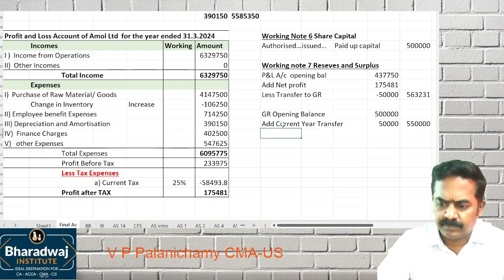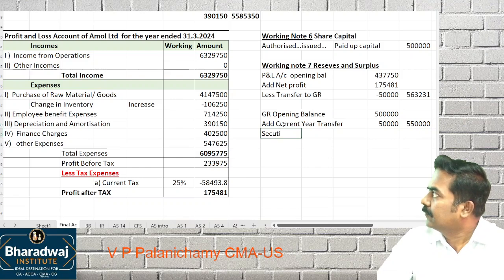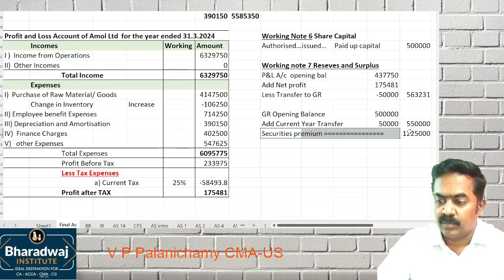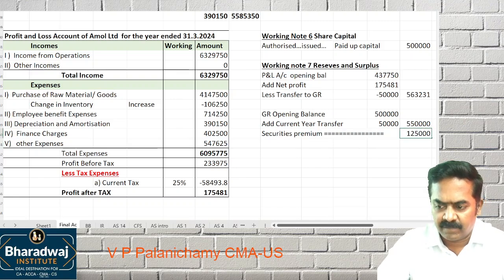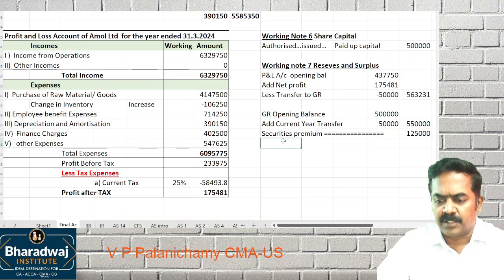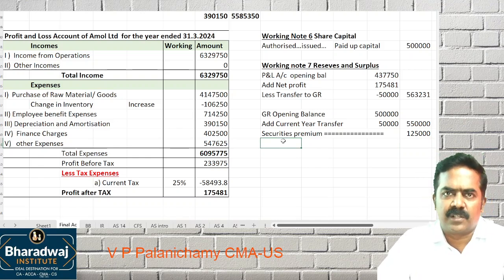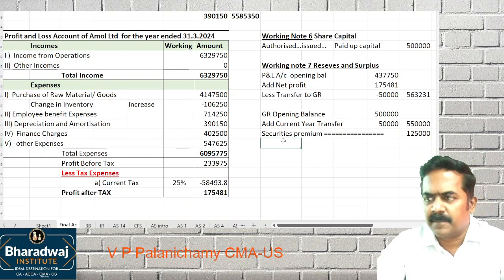What else will come? Securities premium. How much is given? 12 lakh 25,000. Then any other reserves and surplus. It may be capital redemption reserve, capital reserve, revaluation reserve. Is any other reserve given in the question? No.